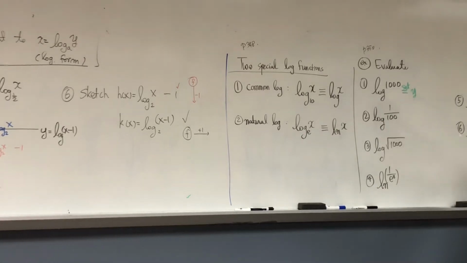And then after that, what do you need to do? Convert. This is log form, so go to the exponential form. 10 to the y equals 1000. 1000 is power 3, am I right? Same base, so y equals 3.